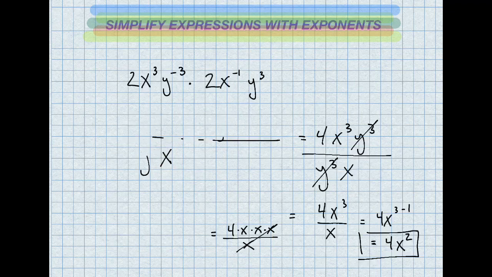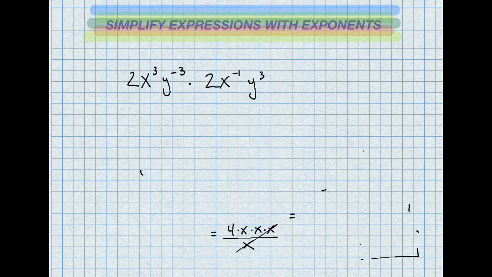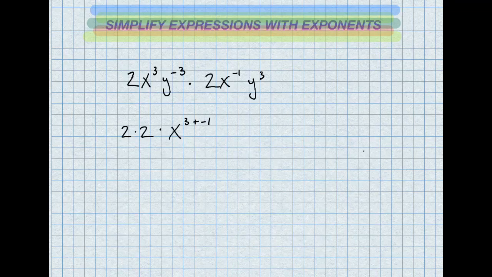So I'll show you another way to tackle this problem, by doing the addition rule. So now we're saying that this is 2 times 2. There's our 2, there's our other 2. And then we're going to say times x to the 3 plus negative 1. There's us doing our addition rule. Since all these are being multiplied together, this x cubed is being multiplied by this x to the negative 1, I could go ahead and do our addition rule.